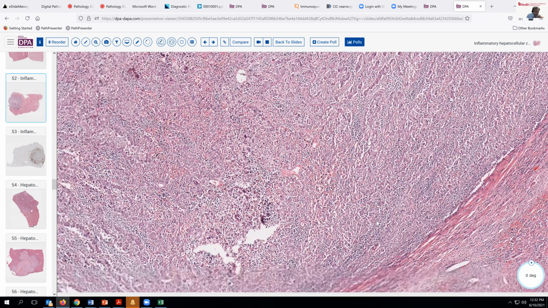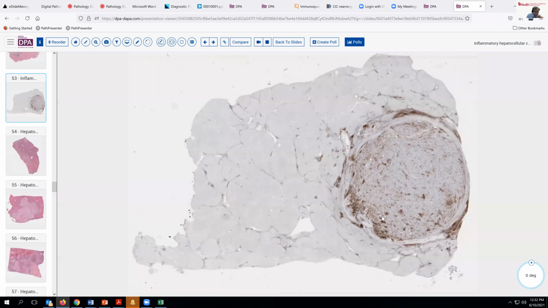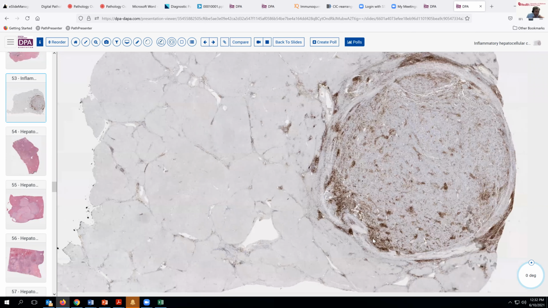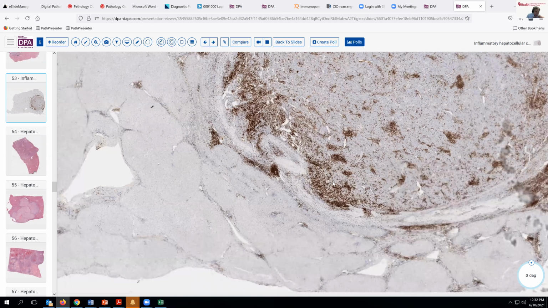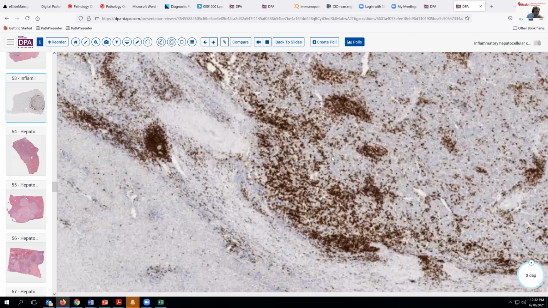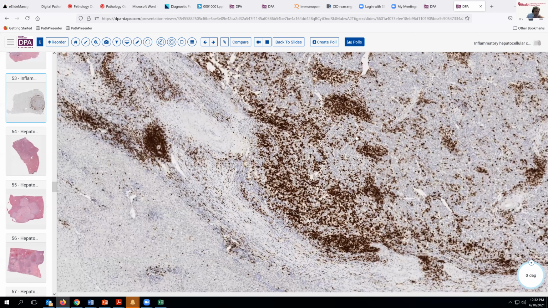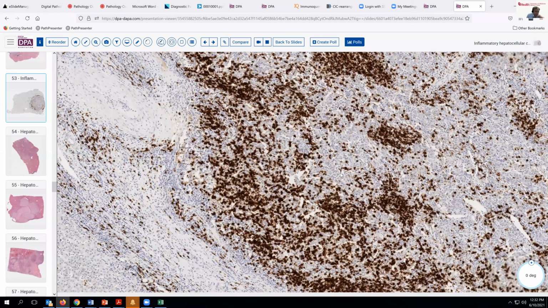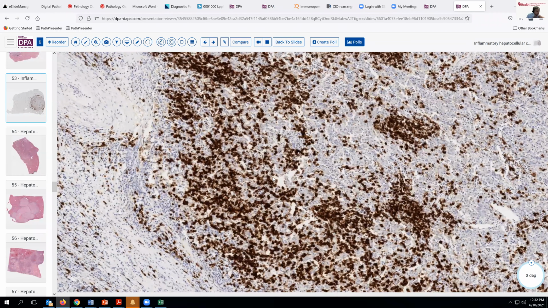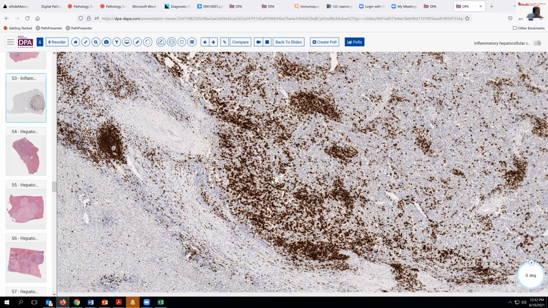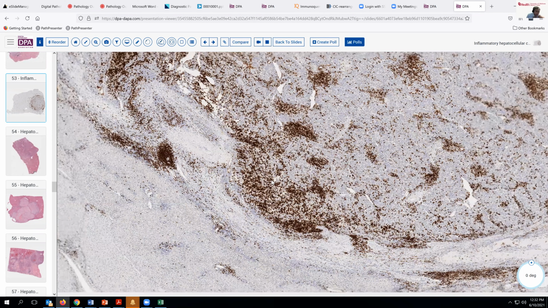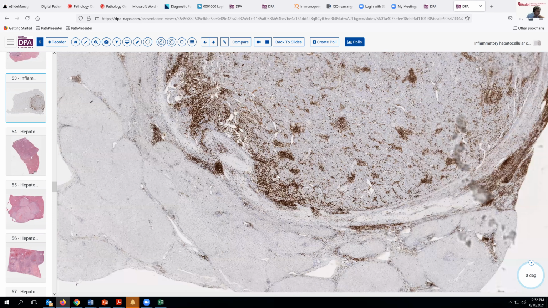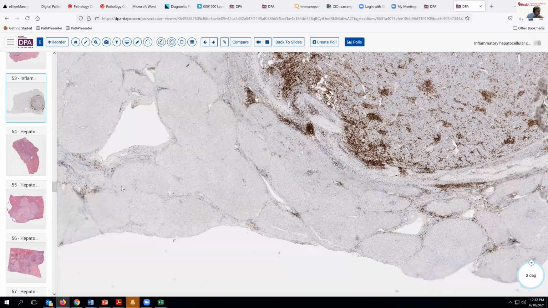Immunohistochemistry on this case here was showing that these are mostly all T cells. I think this was a CD5 stain highlighting these inflammatory cells around the neoplastic hepatocytes here. So this inflammatory variant of hepatocellular carcinoma can also be a significant pitfall. Now notice here, though, that this also highlights that we do have a background of cirrhosis.